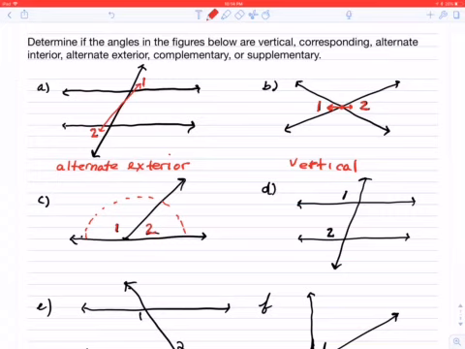So we could say that angles 1 and 2 are supplementary. For D, angles 1 and 2 are both on the left side of the transversal, so they're on the same side of the transversal, and they're both opening to the top of the page. So angles 1 and 2 in diagram D would be corresponding.